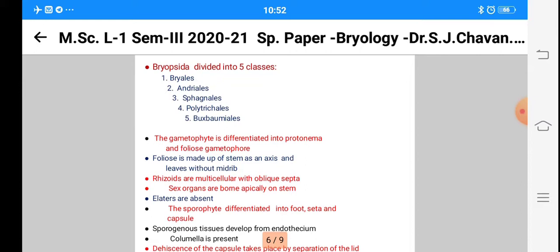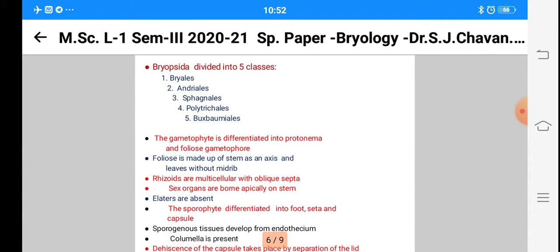In mosses, the gametophyte is differentiated into protonema and foliose gametophore. Foliose means leafy. Whatever moss we observe is a foliose gametophore, which later develops the antheridia and archegonia and the capsule or sporogonium.